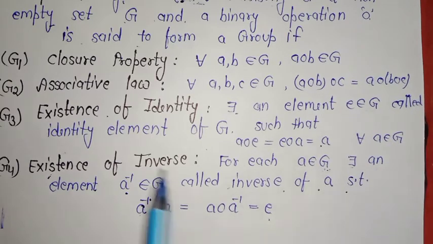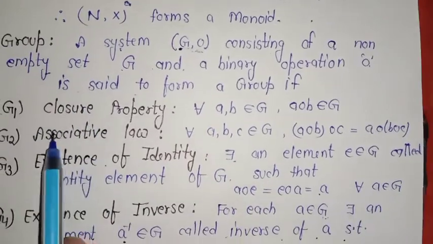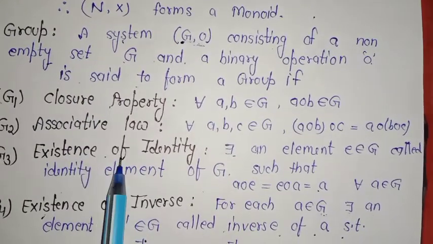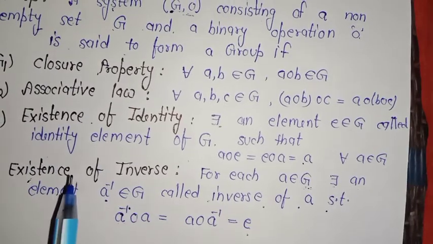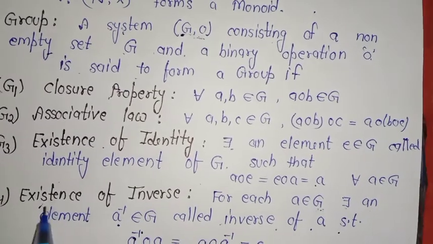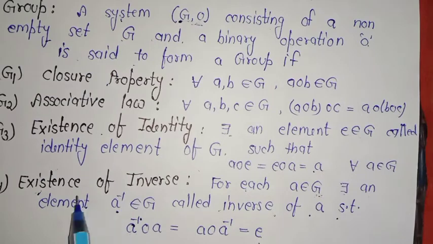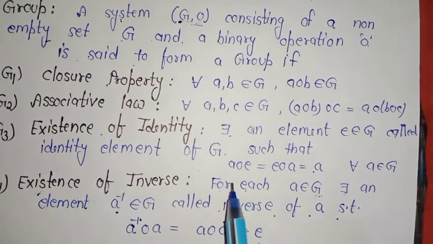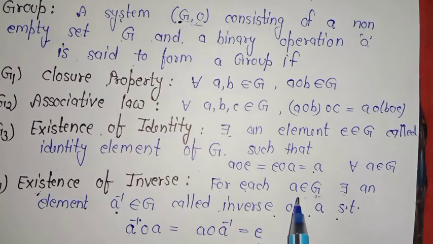So if a system (G, O) satisfies all the four properties, that is closure, associative, existence of identity, existence of inverse, then that system is said to form a group. And I want to repeat this property again: this is true for each element of the group G, there exists no element whose inverse does not exist.